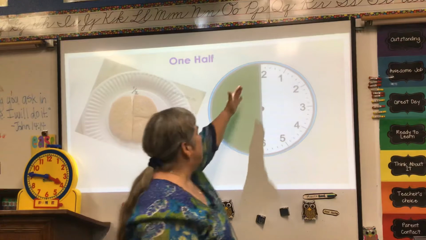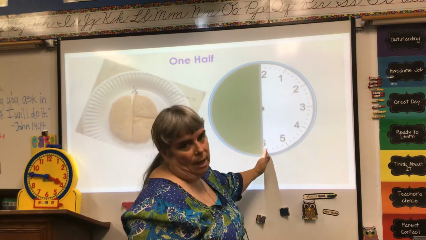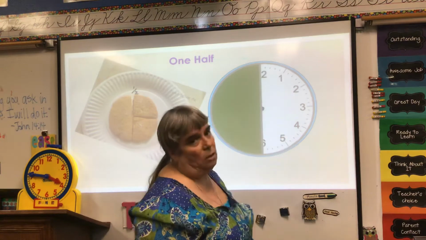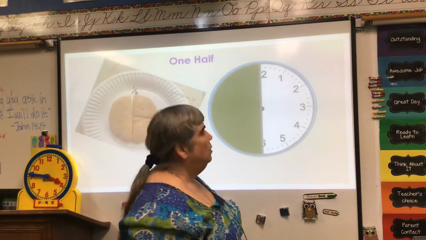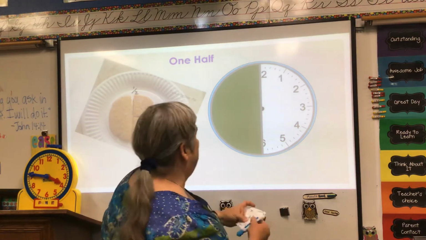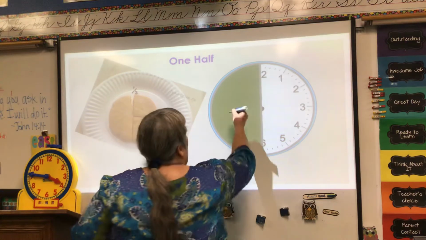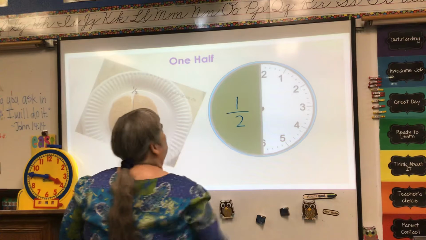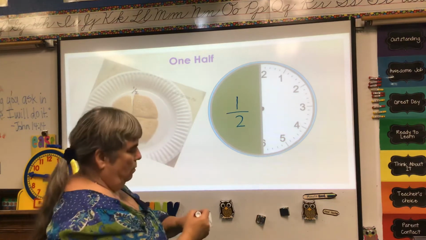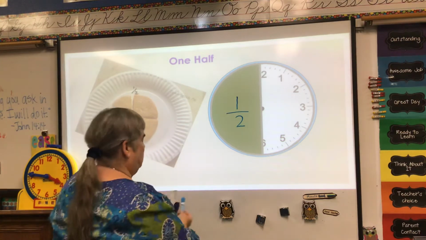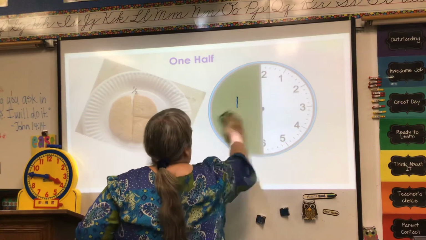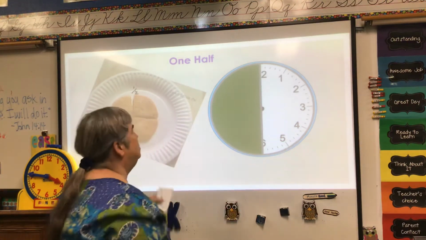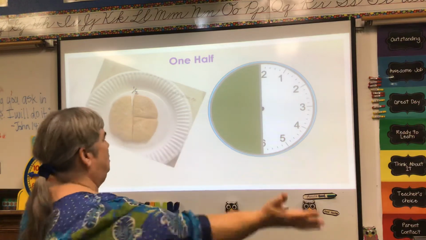From 12 to 6 is half, and then of course this side from 6 to 12 is also half. The way we write half is 1 clock split into 2 pieces, and that's 1/2.